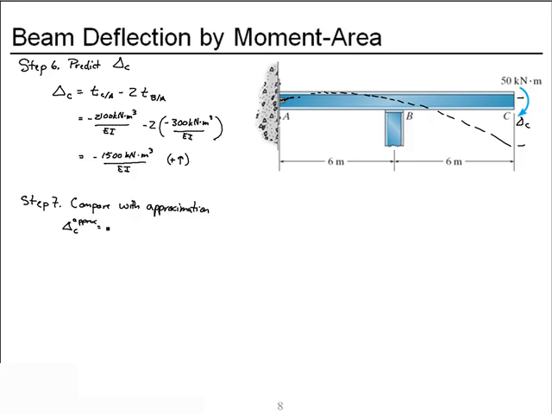The approximation we calculated was negative 900 kilonewton meters cubed over EI. Remember that we said that would be an underestimate.